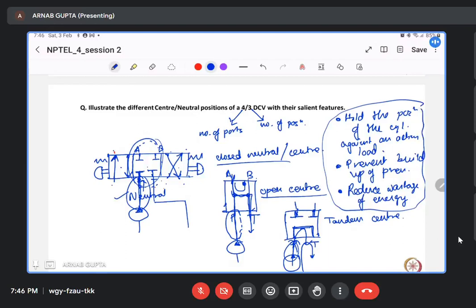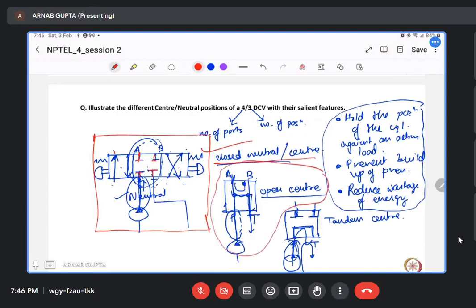Based on these criteria and your applications, you will have to choose either the closed neutral center, that is this one, where all the ports are closed, there is no flow, but there is buildup of pressure, or the open center, wherein all the ports are open to each other.